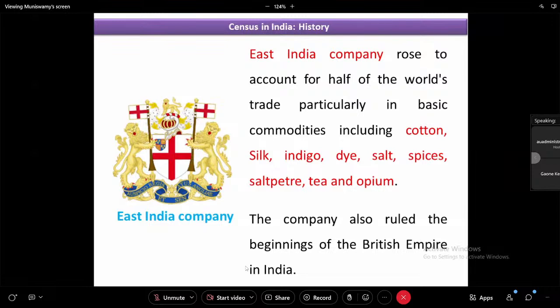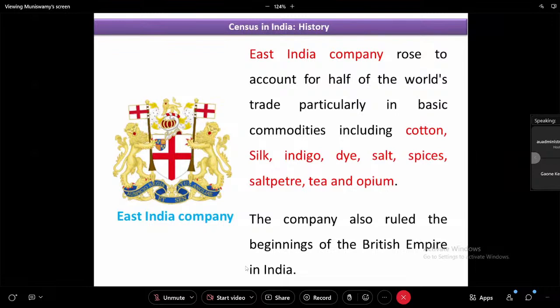Particularly products were cotton, silk, indigo dye, salt, and these products. The company also ruled the beginnings of the British Empire in India. So they established their companies. First of all, they required to know whether people are using their products or not.